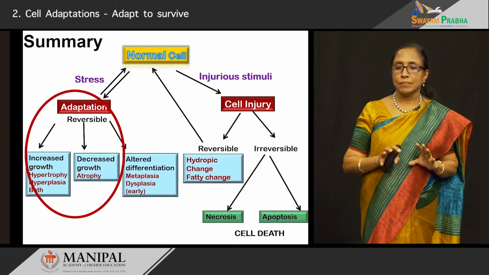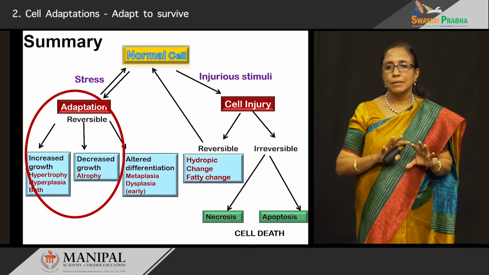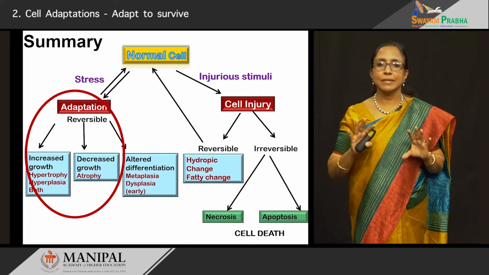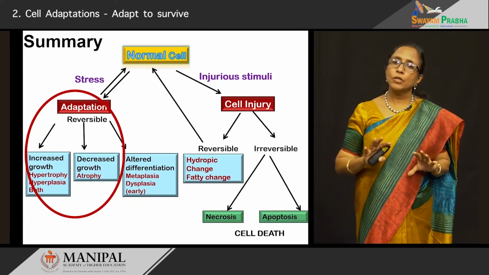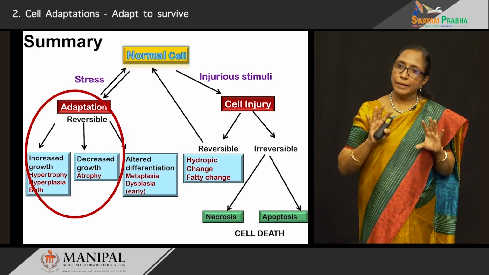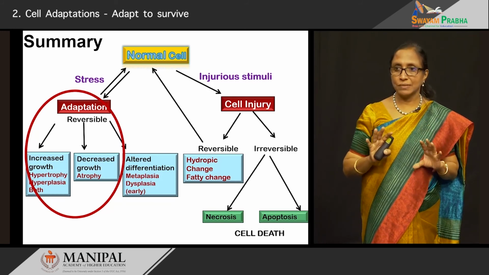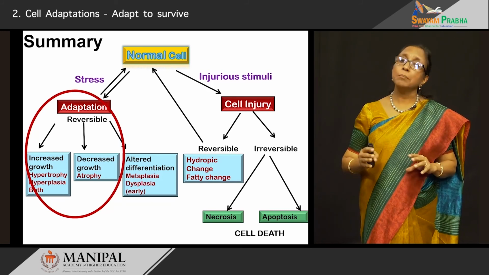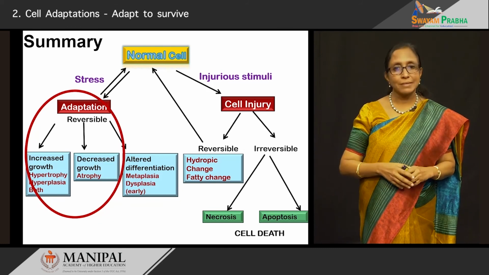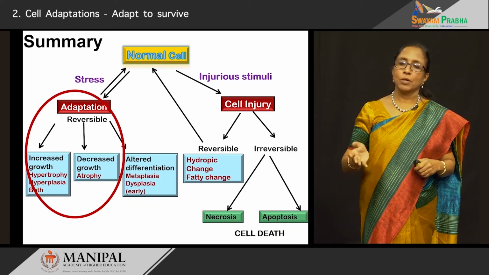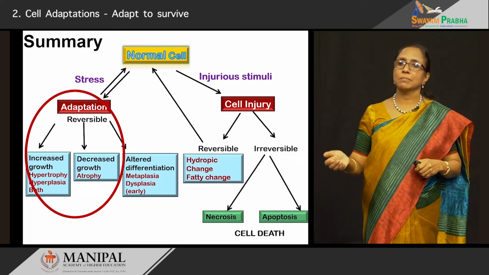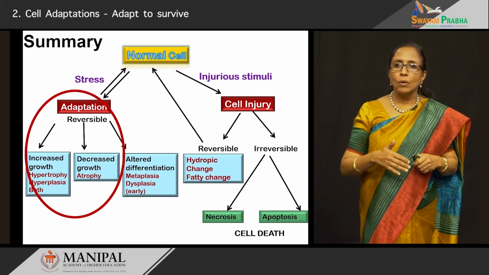So, with this we have looked at the spectrum of the various things that happen in the normal cell in the state of normal homeostasis, which can be stressed by various stresses which we looked at, maybe hormonal, maybe growth factors, maybe functional demand, whatever.